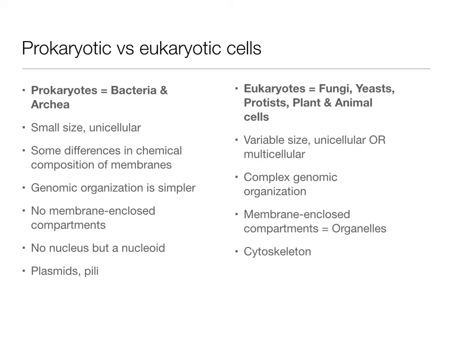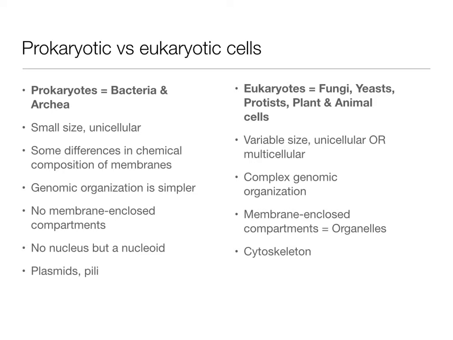On the other hand, eukaryotic cells include many cell types, namely the fungi, yeasts that are also unicellular, protists, and plant and animal cells that are usually making multicellular tissues, and they have a variable size. However, they are always larger than prokaryotes.